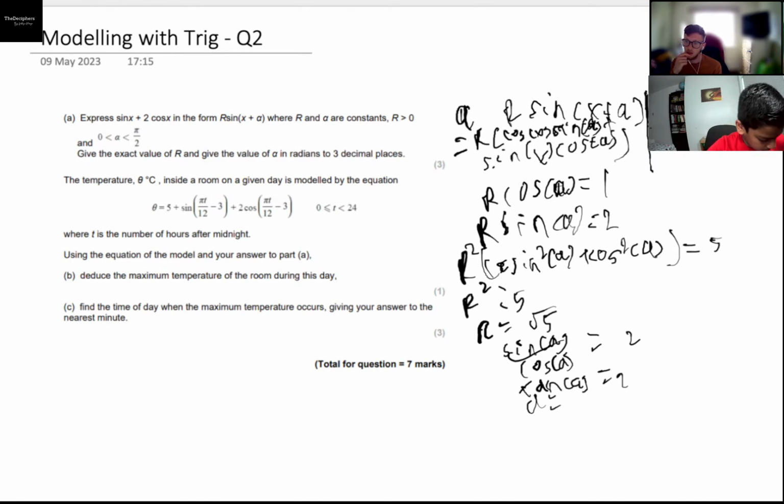Okay, so sometimes the angle unit is radians. So it's shift tan 2. That's 1.107. Dividing our sine alpha by our cos alpha, we get tan alpha equals 2, arctan of 2 is 1.107. To three decimal places.